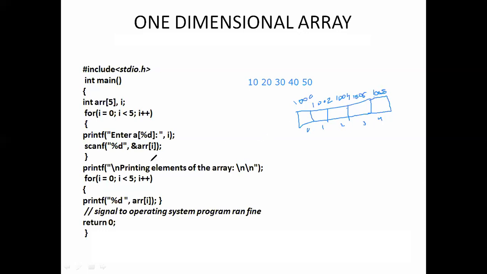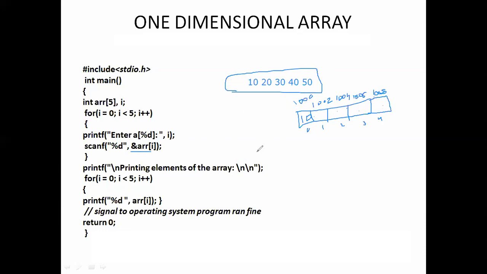When we give ampersand array of 0, its address location is 1000, and it will store 10 there. Similarly 20, 30, 40, 50. In this way it will store the values. Then when we write the print statement, all these values will print. This is the output for this program.